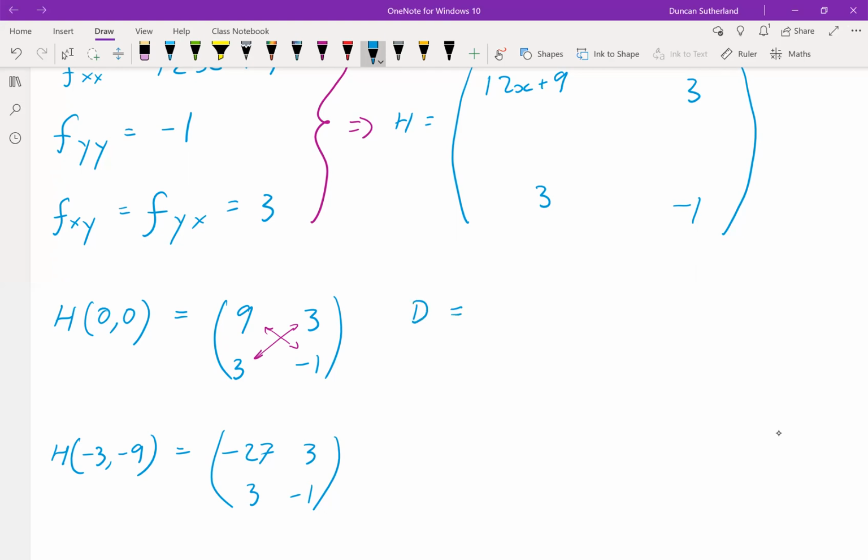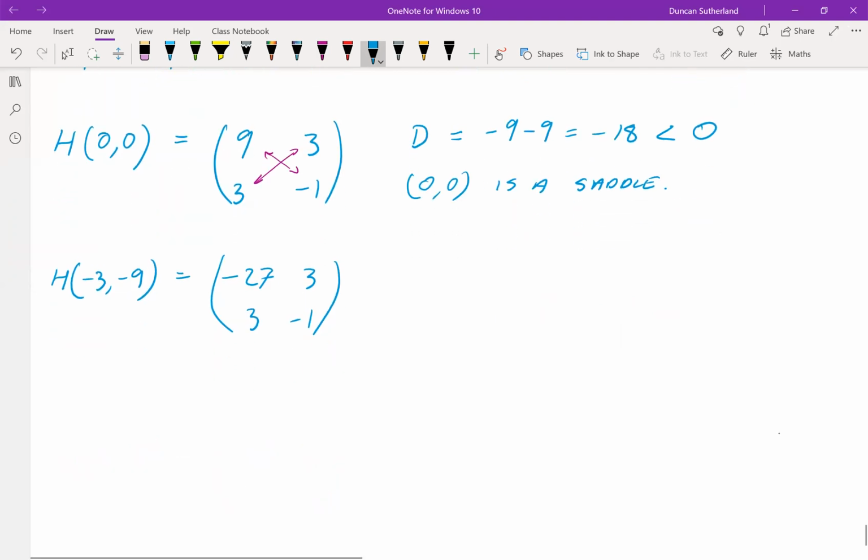So D is -18. That's less than 0. So the origin is a saddle. I don't need to do any more work or thinking about that point anymore.